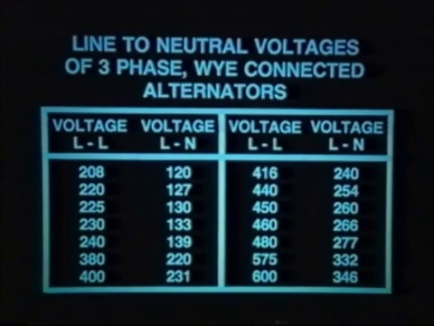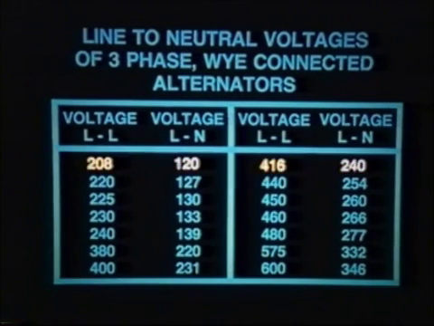Three-phase voltages are usually specified as the line-to-line or phase-to-phase voltage required. Frequently, however, both the line-to-neutral and the line-to-line values will be called out with the line-to-neutral first. An example is line-to-neutral 120 and line-to-line 208 with a slash in between. Let's look at a table listing the line-to-neutral voltages for a number of common three-phase line-to-line system voltages, 600 volts and lower.